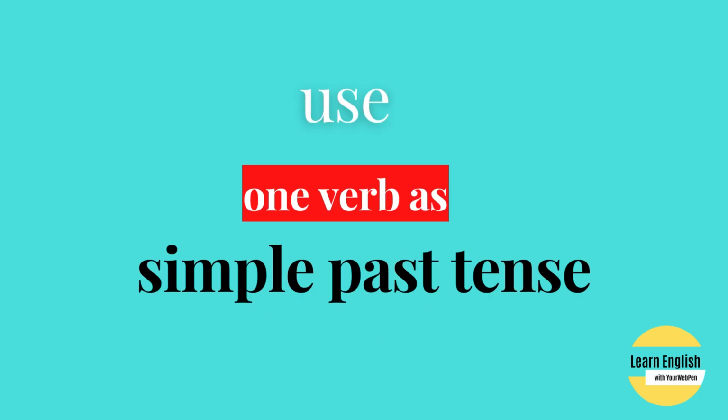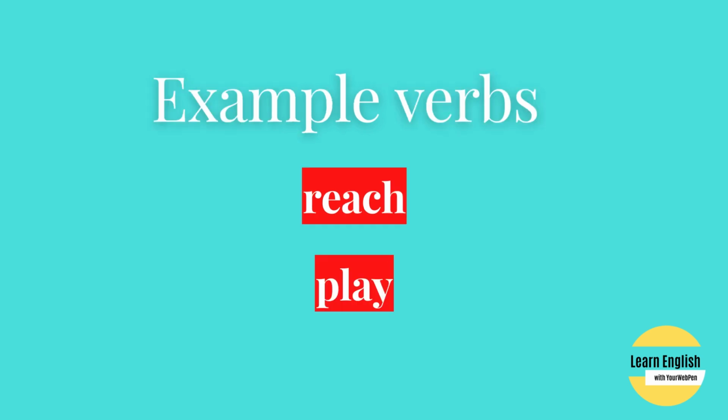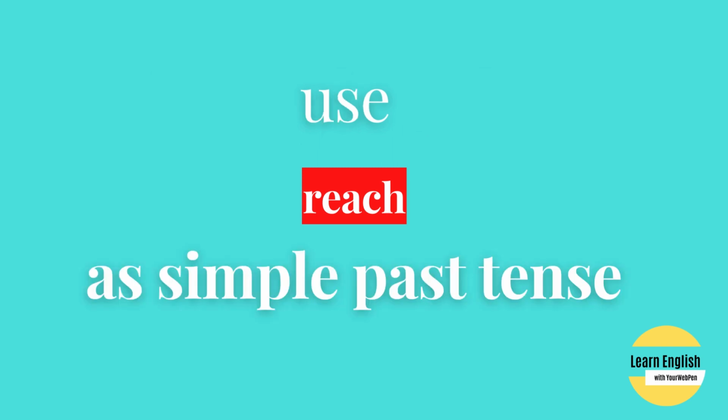Now write down two verbs. Use one as simple past tense and use another as past perfect tense. Take for example, reach and play. I use reach as simple past.